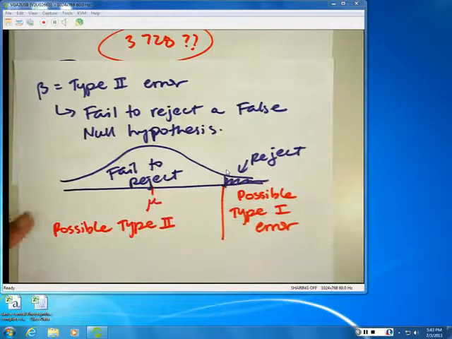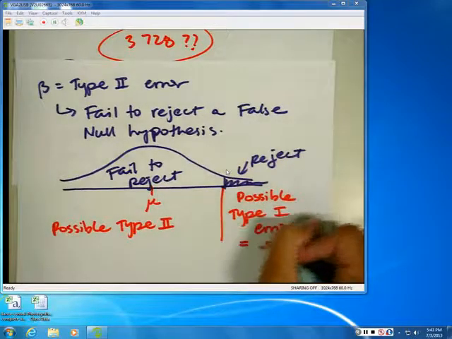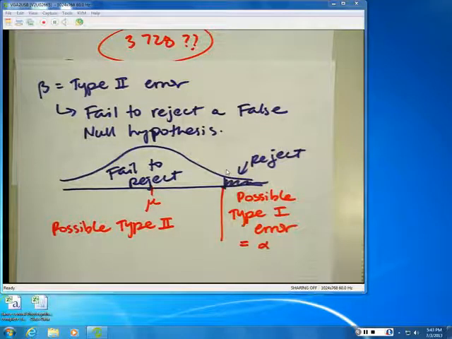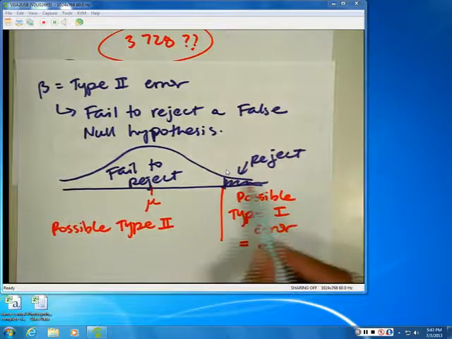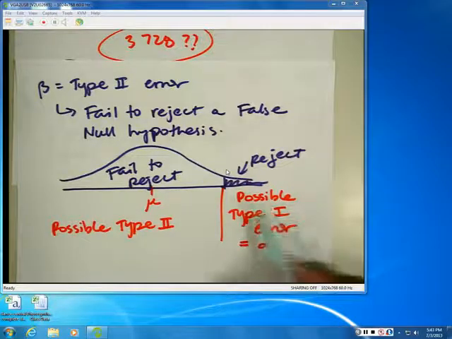We'll talk about this more as we go on, but I want you to be familiar, especially with the fact that the type 1 error is alpha. I have a 5% chance of making an error. If this was a 10% area, I'd have a 10% chance of committing that type 1 error.